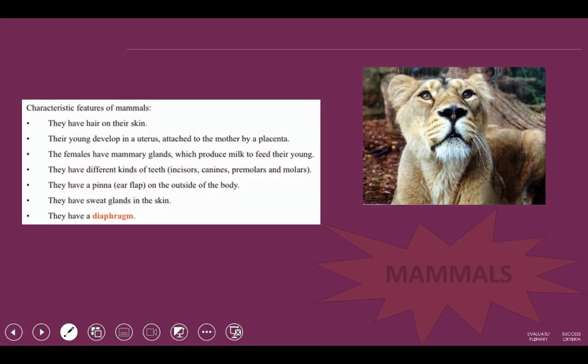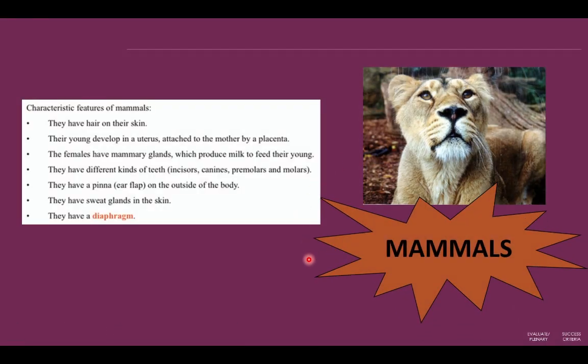Okay. The last class of vertebrates which we are going to discuss is mammals. Characteristic features of mammals include they have hair on their skin, their young develop in a uterus attached to the mother by placenta. The females have mammary glands, which produce milk to feed their young ones.